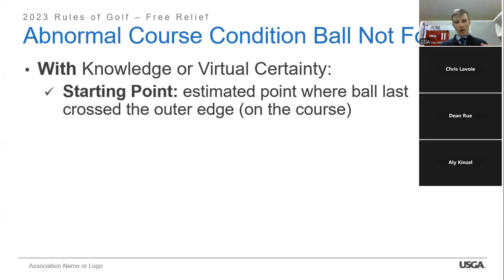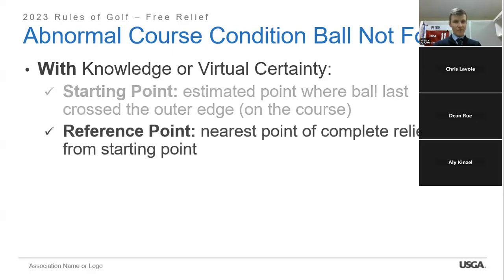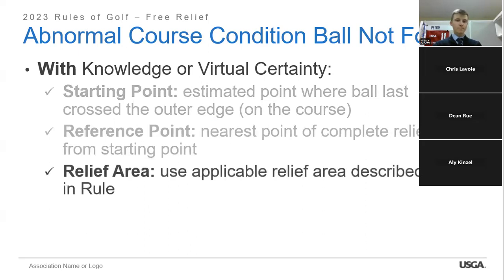If we have a large area of temporary water, and it's pretty much a pond, and we see our ball splash in there and we know it's in there, we're just going to estimate where that ball last crossed from the course into the abnormal course condition and take relief. So as I said, nearest point of complete relief from that reference point. And this line, use applicable relief area, basically saying if you're in the general area, you're going to be dropping. If you're on the green, it's going to be a place.